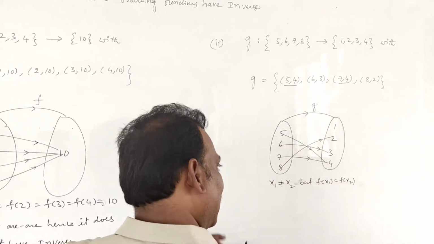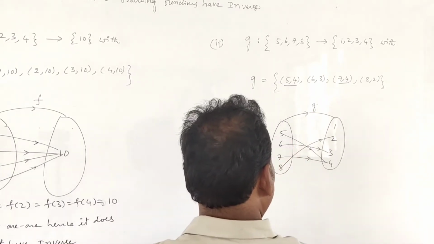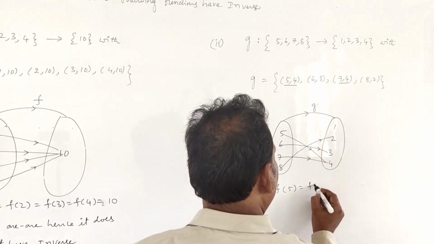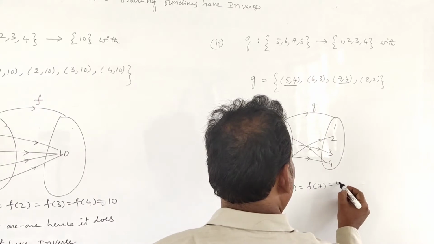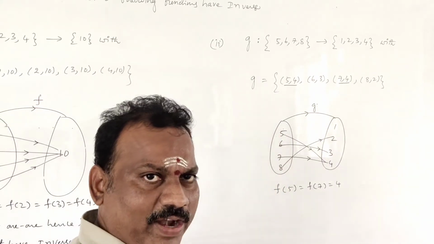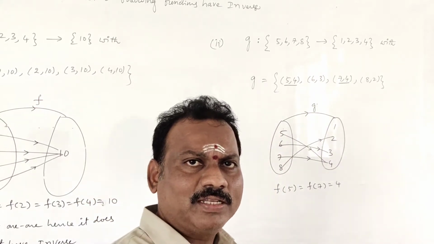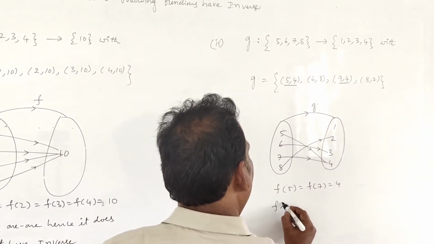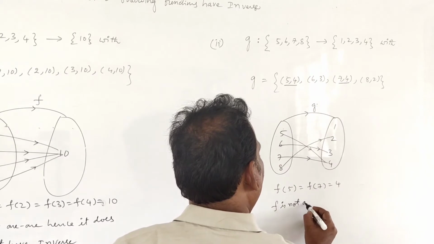Like that we can write. Otherwise, you can write like this also: f of 5 and f of 7 both have the same image. So different elements have the same image. So f is not 1-1.